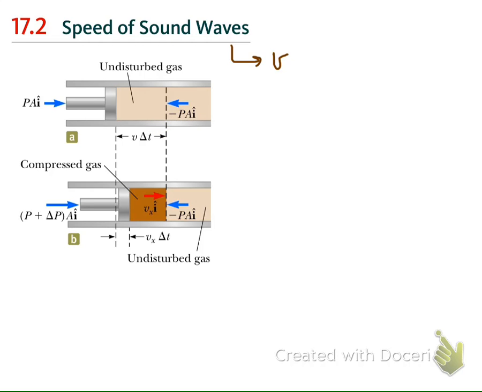Okay. Now, if we increase the pressure by applying some force on the piston, the pressure on the left face of the element increases from P to P plus delta P. And the force here is P plus delta P times A, pressure times the surface area times the unit vector.